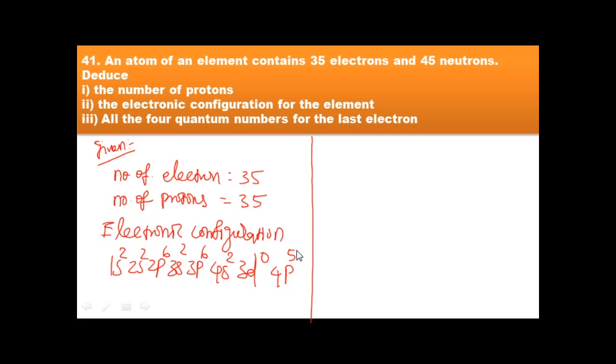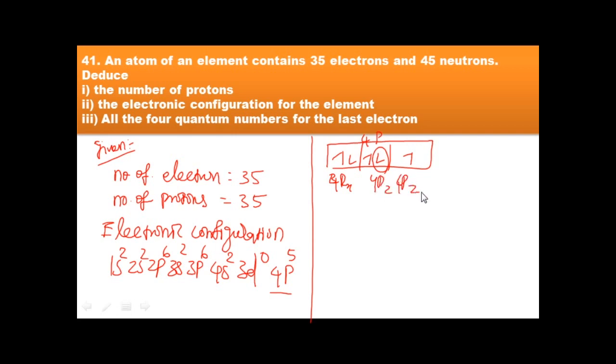Then the third question, what are the quantum numbers for the last electron? So the last shell is 4p. One, two, 3, 4 and then 5. This is the last electron. So 4px, 4py and 4pz.